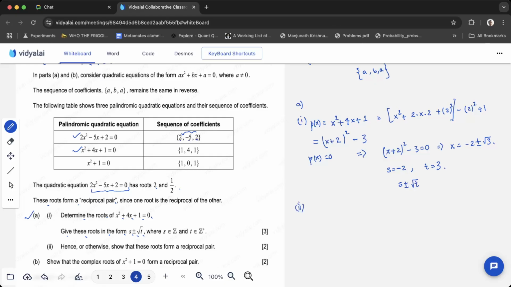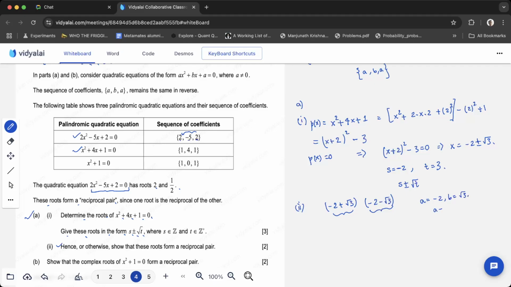Hence or otherwise, show that these roots form a reciprocal pair. To show that, we just have to multiply the two different roots and show that it's one. That's the definition of a reciprocal pair. So -2 plus root 3 and -2 minus root 3. They are in the form a plus b into a minus b, where a equals -2 and b equals square root 3.